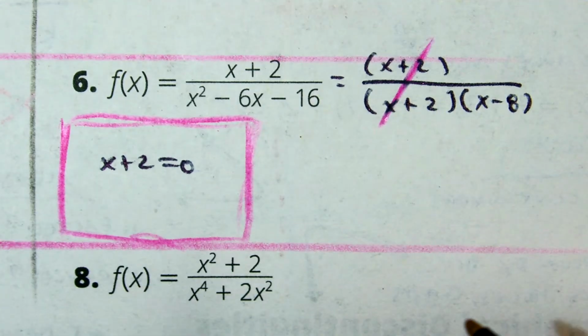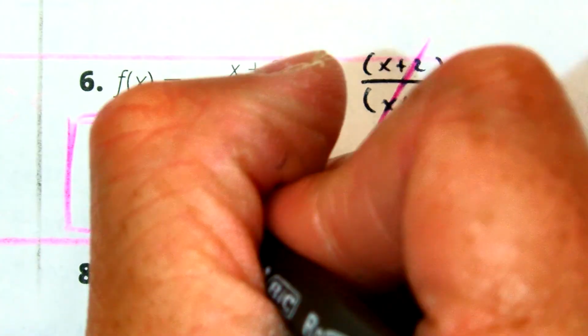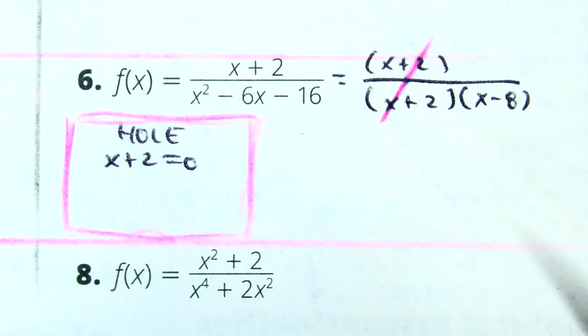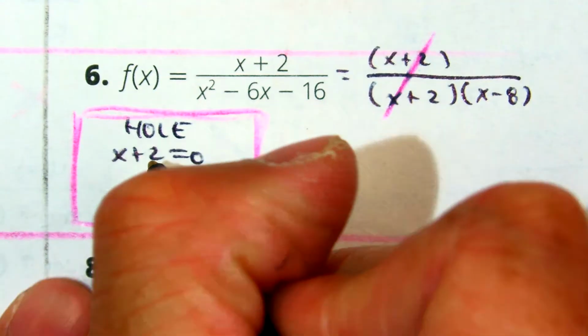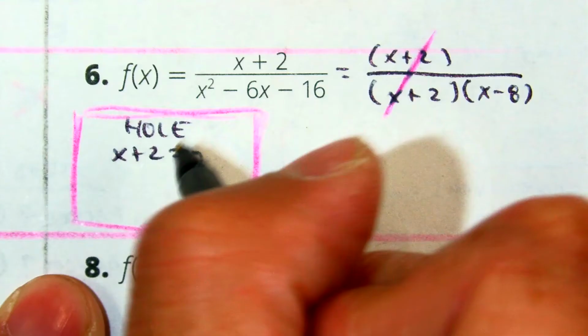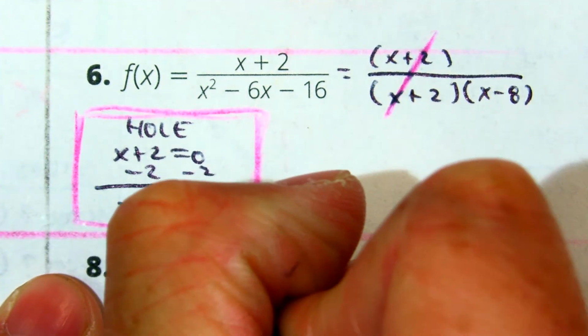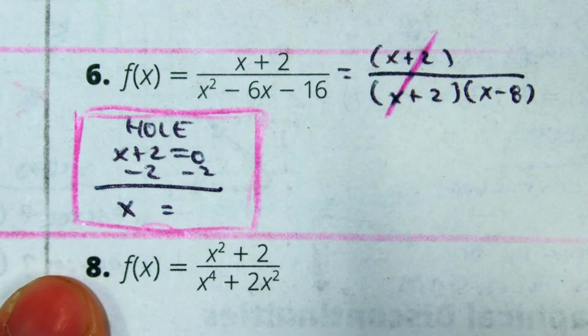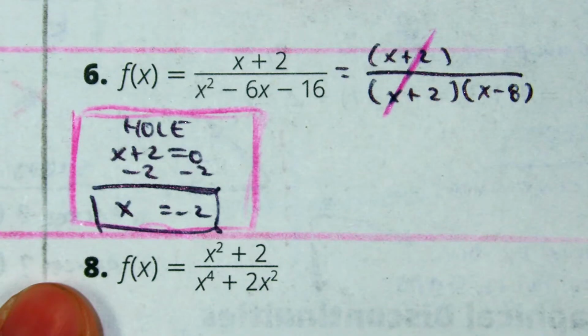Vertical asymptote or removable hole? Brianna, how do I solve for x plus 2 equals 0? -2. So far, we have a removable hole.